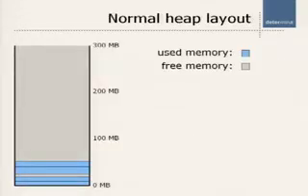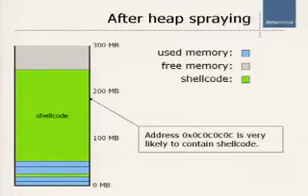Here's how this looks in the actual memory address space. This would be the heap of Internet Explorer. We have a few allocated blocks shown in blue down on the bottom. There is some fragmentation, so there are some blocks that have been freed, so we have some free holes there. And then after that, we have a lot of empty space that hasn't been used yet.